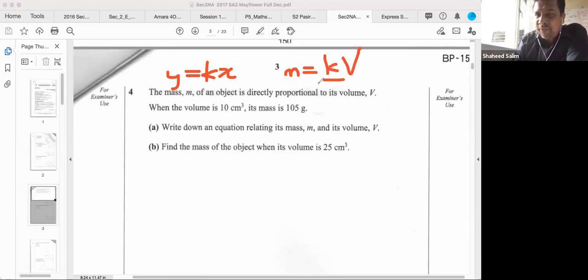Find what is K first. How? Substitute in, the mass is 105 grams. Put it here, inside here. 10 down here. Then find out what is K. Then rewrite the formula for question number 1.